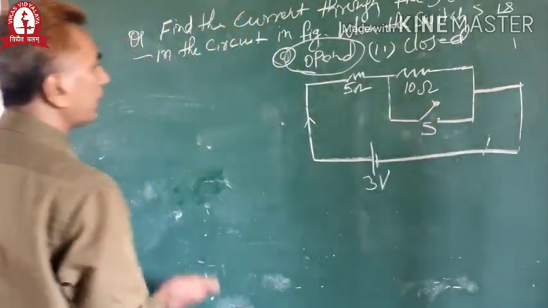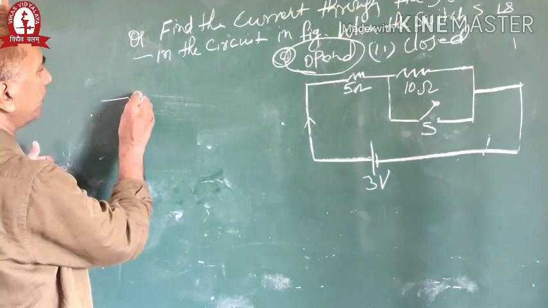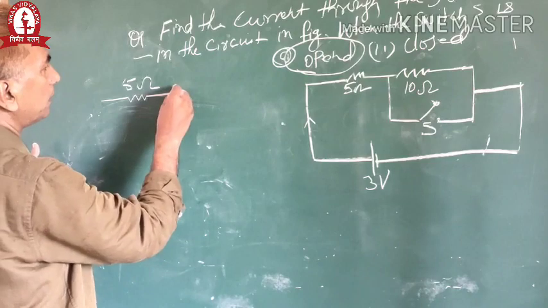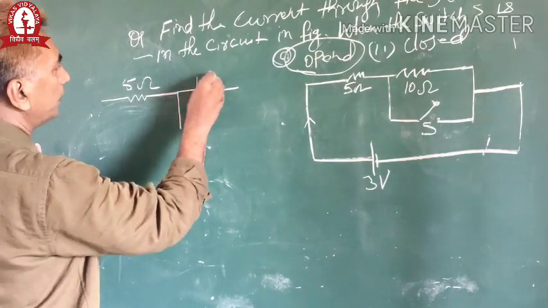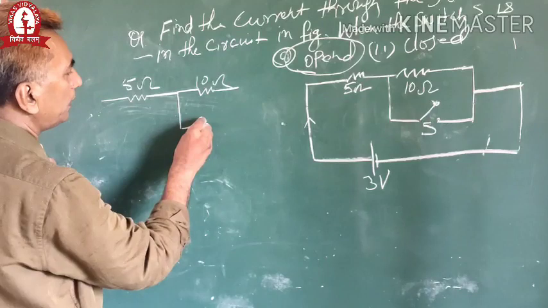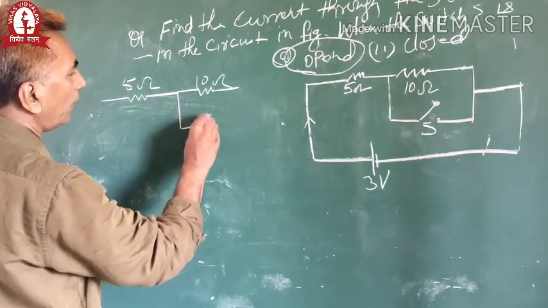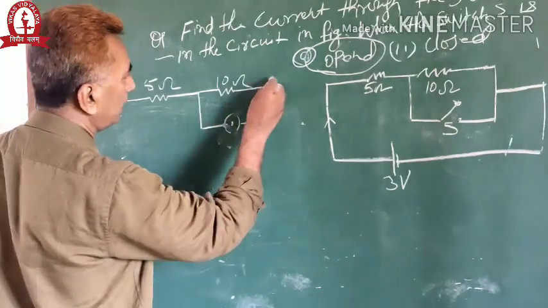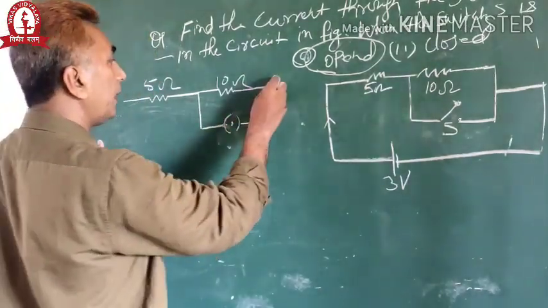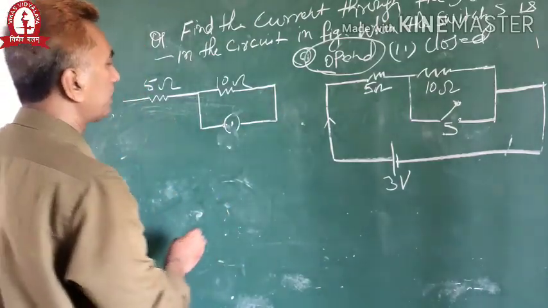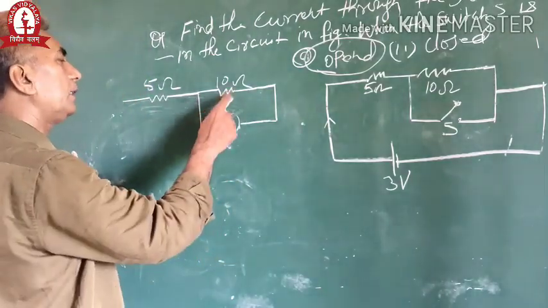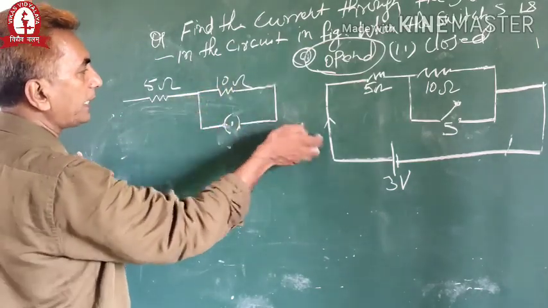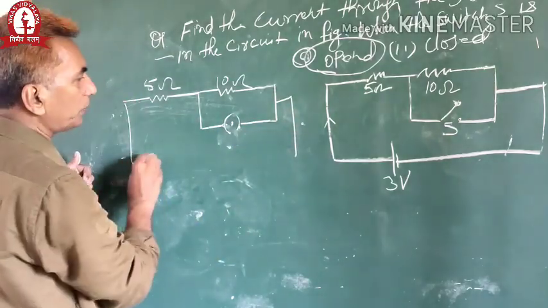Means when S will be closed, then the figure would be like this. You see here 5 ohm, right? And here this 10 ohm, and this one is closed now. But you see here, no current will pass through 10 ohm, whole current will pass through like this and it will ultimately come to this point.